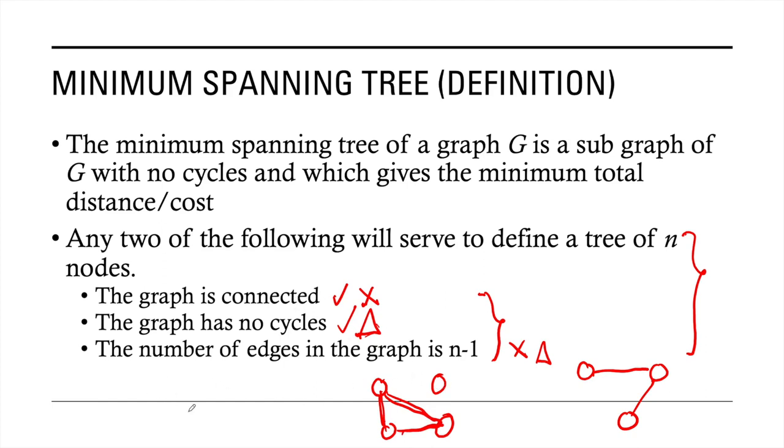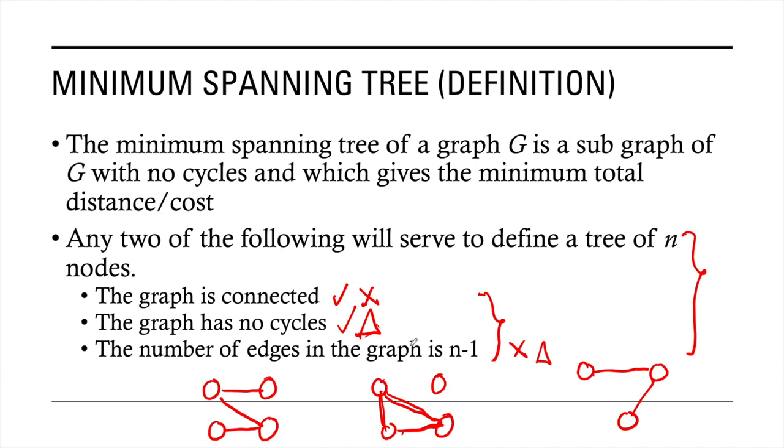So the only time we have a tree given the two conditions is that, for example, let's say again, we have four nodes and we have exactly 3 edges and there are no cycles. Therefore, the graph is connected.